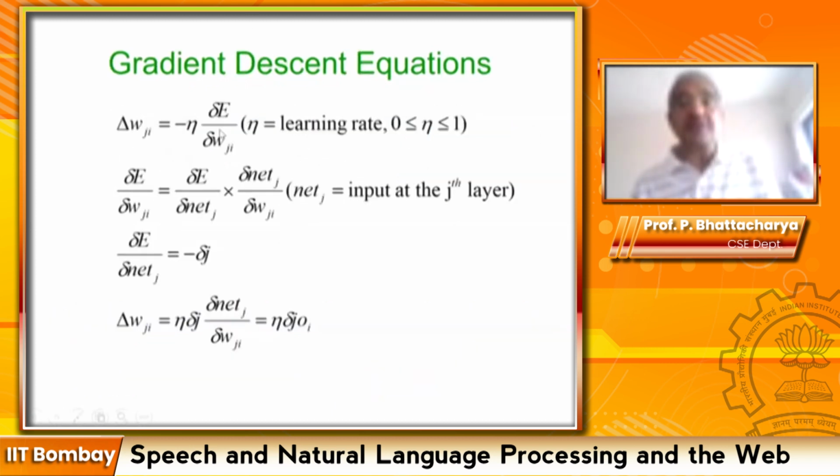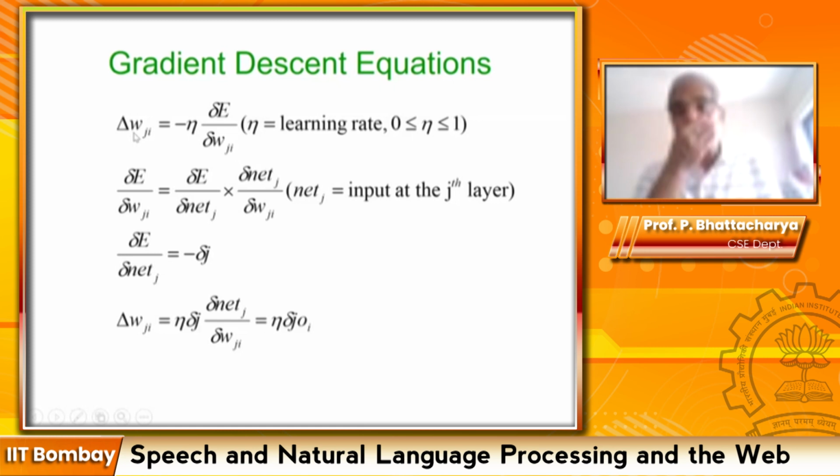Now, this loss function or the error function is a function of the parameter value W_ji. As you change the weight value for the same input and for the same target output, the error will reduce or increase. So since it is W_ji which is influencing E, I am taking the gradient descent with respect to E and W_ji.